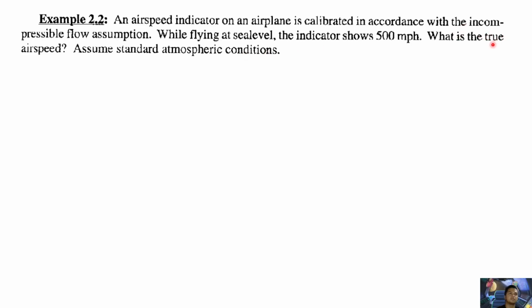However, the indicator shows 500 miles per hour. This means it is compressible flow. Because it is compressible flow, the equation we will use is the compressible airspeed equation.